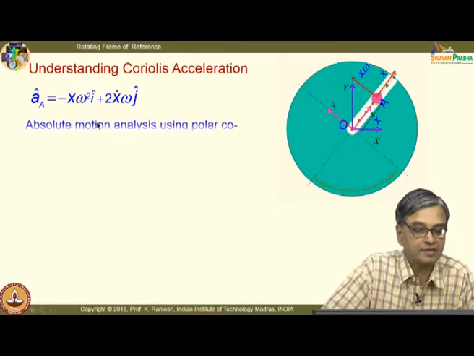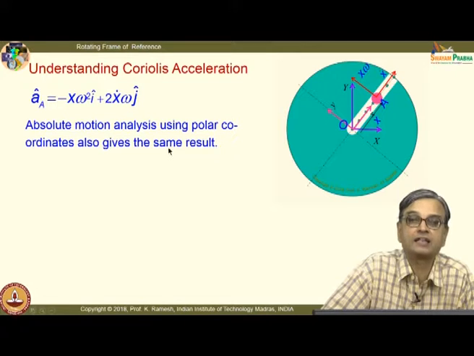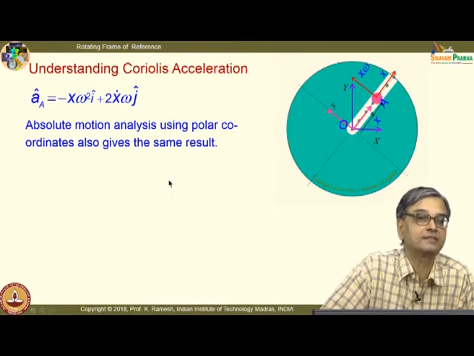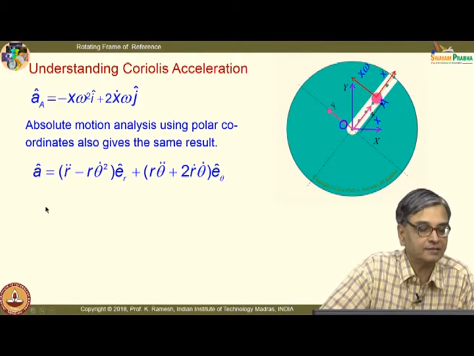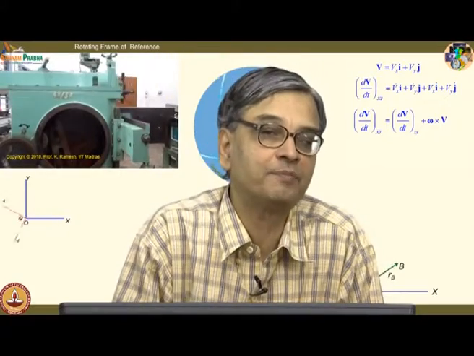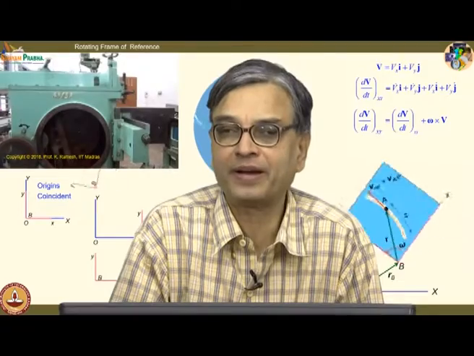I have this as the basic expression, and if I do absolute motion analysis using polar coordinates, it also gives the same result. There is no difference at all. Let us go back and get that expression. I have A as r double dot minus r theta dot square. In fact, after a long discussion of the problem which we had in the previous class, this is very easy for you to comprehend.